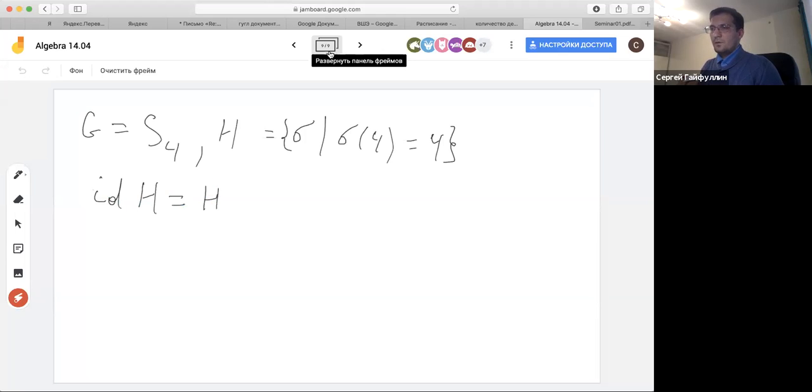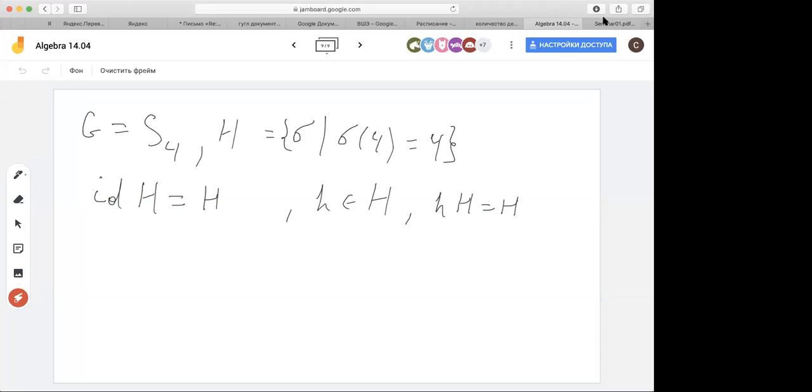If I have an element h from H, then of course h multiplied by H equals H, and we have the same cassette. So what is the simplest element which does not belong to H?